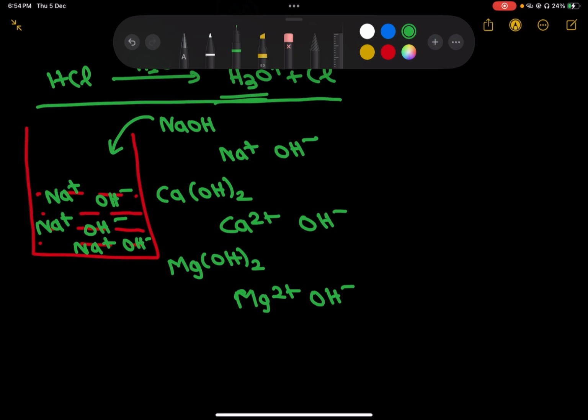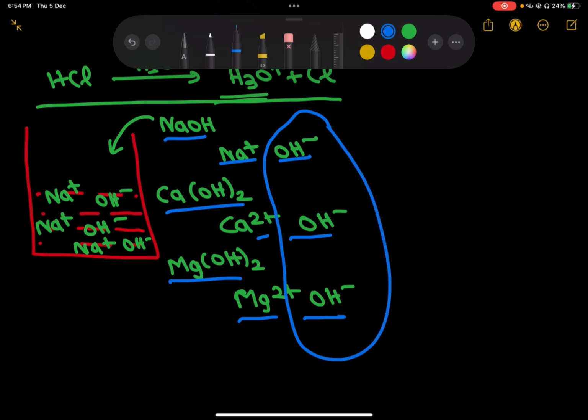You can see that when you put a base inside water, it forms a cation and an anion each time, and all the anions are the same: OH minus. OH minus ions are also known as hydroxide ions, hence the names sodium hydroxide, calcium hydroxide, magnesium hydroxide. So hydroxide ions are present in them.